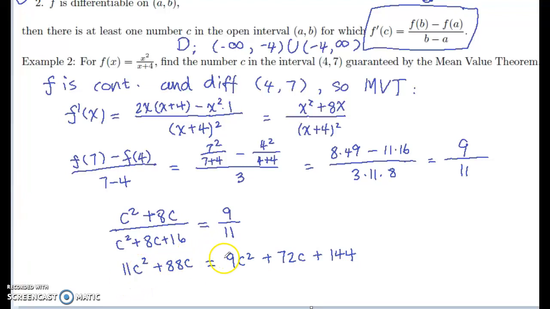So 11c squared subtract 9c squared is 2c squared. 88c subtract 72c is 16c. And then subtract 144 equals 0.